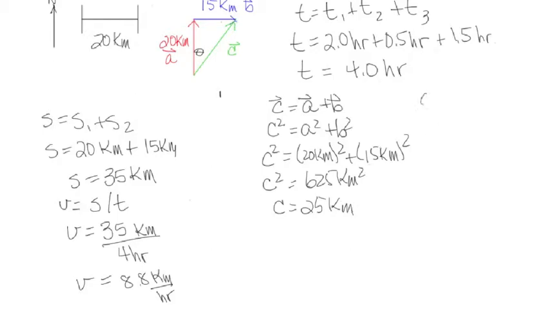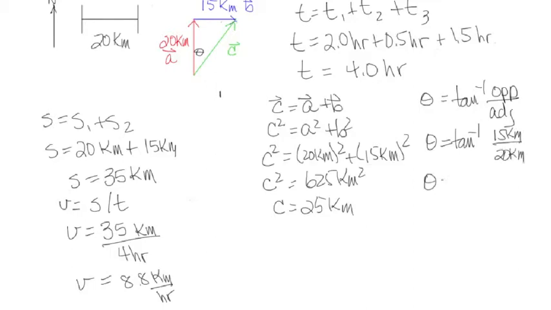Now we need to find a reference angle, theta, or directional angle. Again, we're going to use the inverse tangent, which is nothing more than the opposite over the adjacent. 15 kilometers divided by 20 kilometers gives us an angle, theta, of 36.9 degrees.